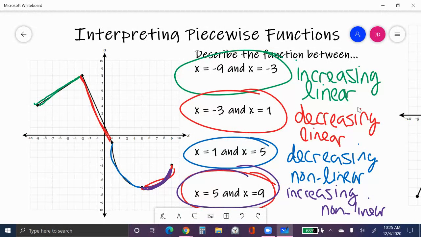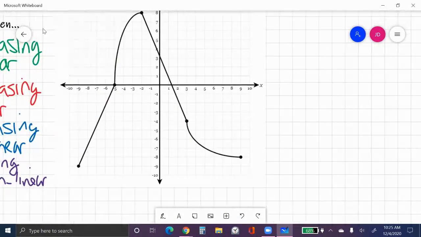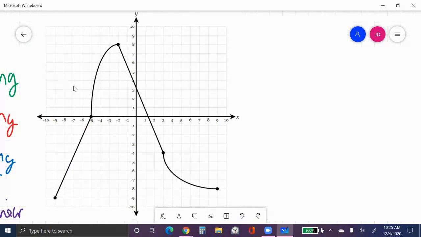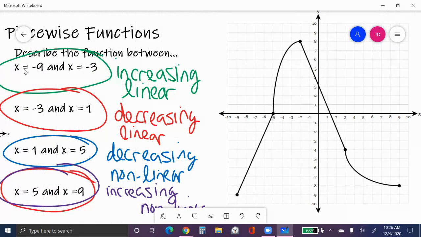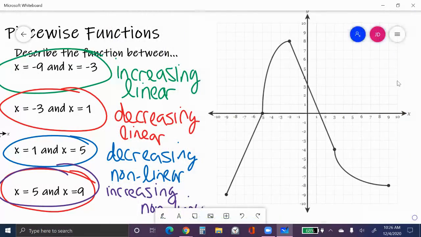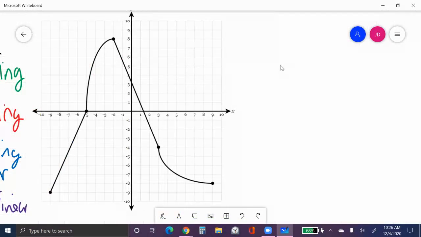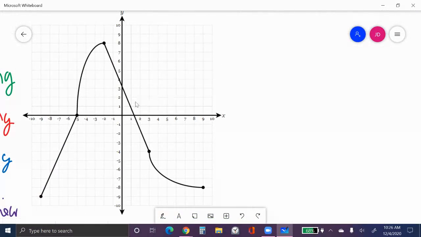Let's take a look at another example right here. Another way to represent these segments, besides just saying between x is negative 9 and x is negative 3, is to use what's called interval notation, which you'll recognize has some less than symbols.